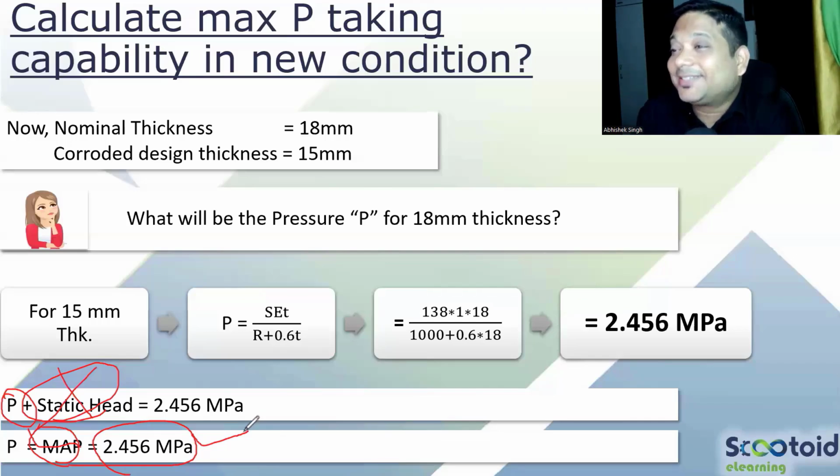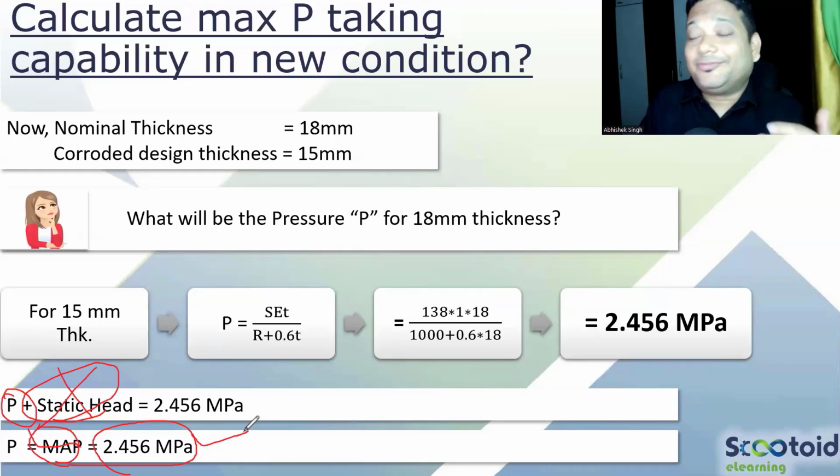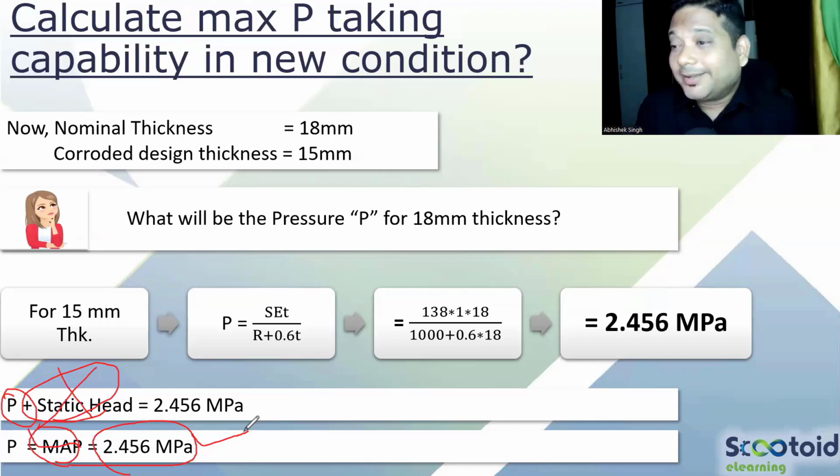Does that make sense? Again, it is the design pressure. Design pressure in the sense of what maximum pressure you can apply. In this case, your vessel is completely new. You have just made it. So there is full thickness available for you, 18. Radius will also not change because full thickness is there.